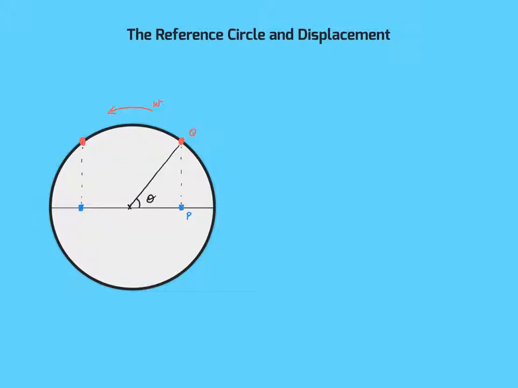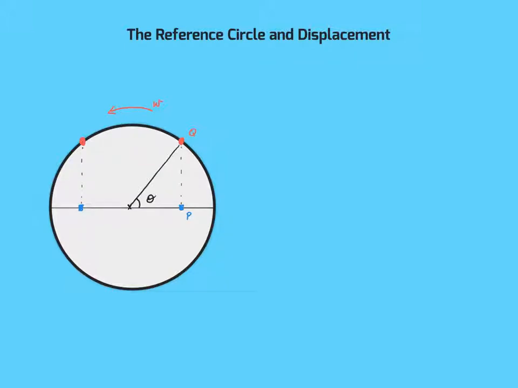So again, yesterday, if we have a circle and we just have some point that we called Q, traveling around that circle at some angular velocity, that point Q can be projected down onto this x-axis that bisects or runs right through the middle of that circle. So as Q moves, P is going to be projected down onto that x-axis.